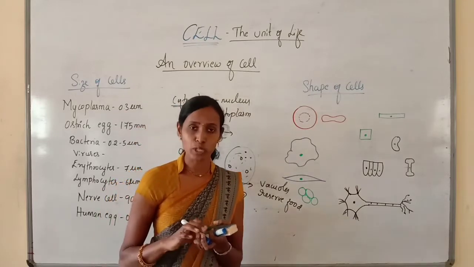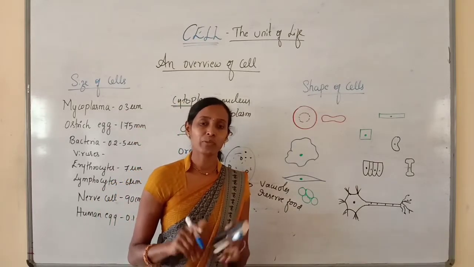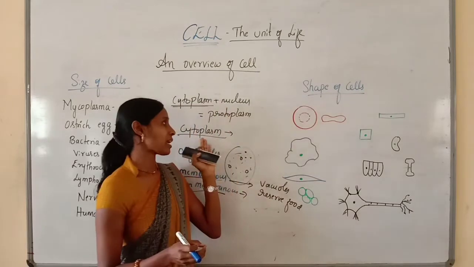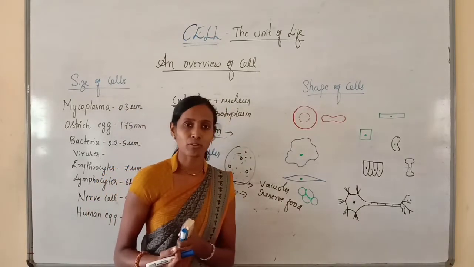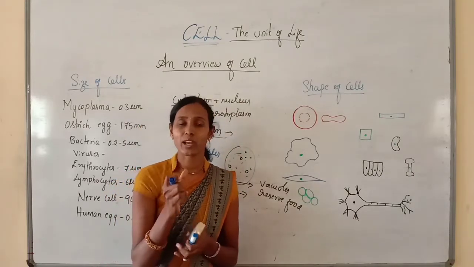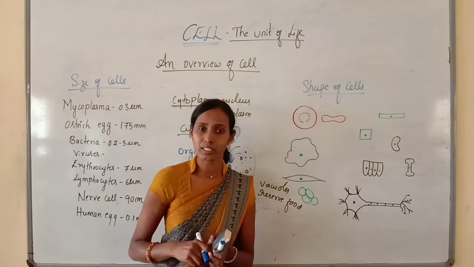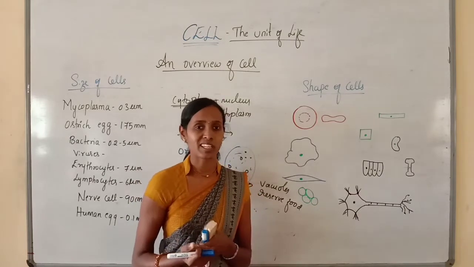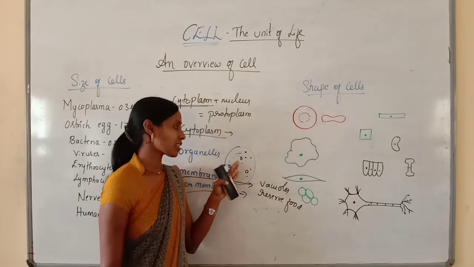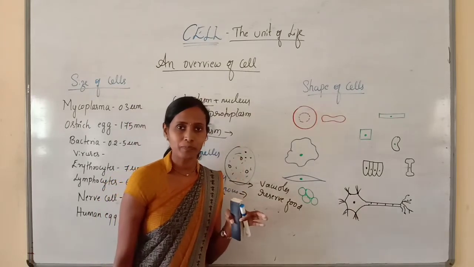So what is actually protoplasm? Protoplasm is differentiated into cytoplasm and nucleus, and the cytoplasm is a semi-fluid which is the main area for most of the cellular activities, and the majority of biochemical reactions take place in the cytoplasm. And what structures can we find within the cytoplasm?